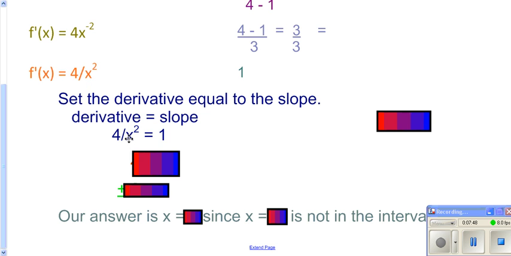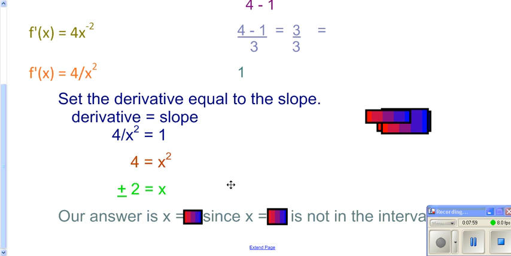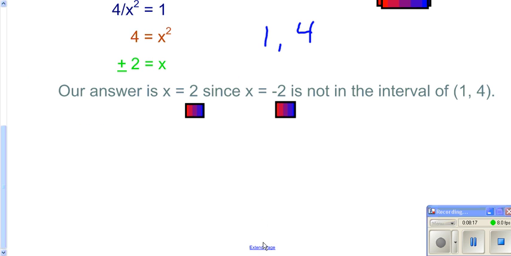Our derivative equal our average rate of change, our slope. Multiply both sides by x squared. Solve it, we get plus or minus 2. But keep in mind, we were going between 1 and 4. So our only answer here is going to be the positive 2, because our negative 2 is not in that interval.